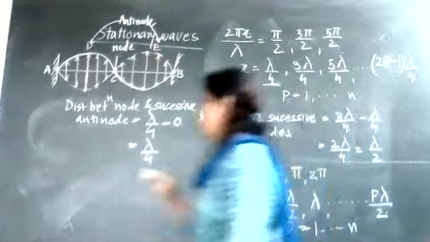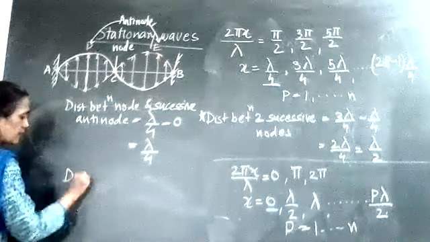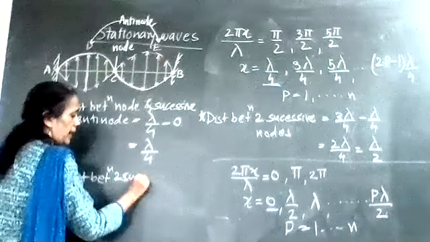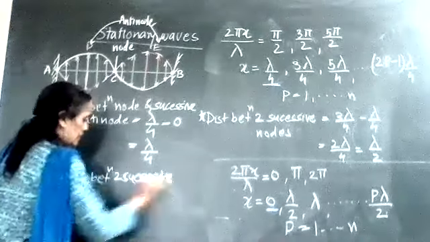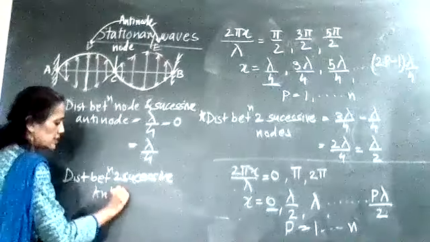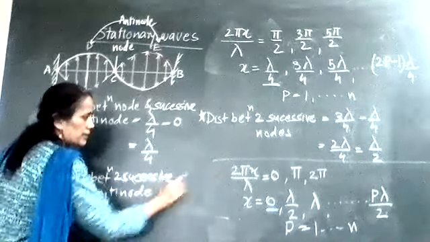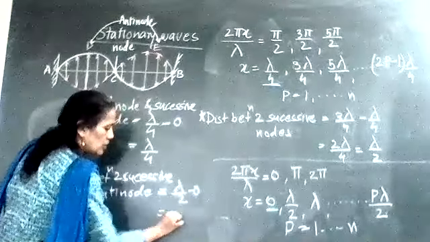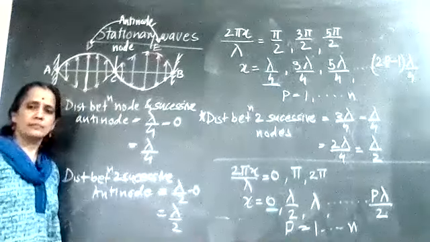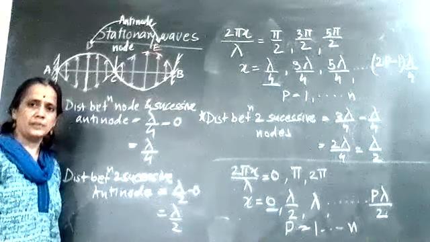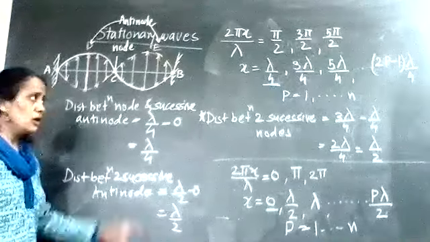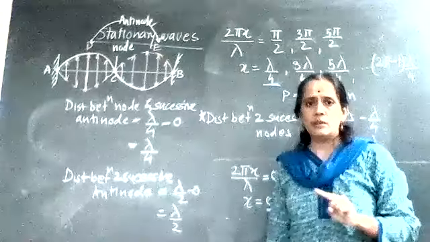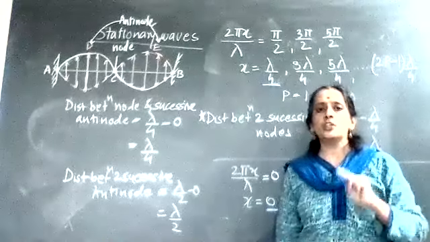Similarly, I can say the distance between two successive antinodes, that I can solve as lambda by 2 minus 0, which is equal to lambda by 2. Clear? So this is nothing but your stationary wave equation, formation of nodes, formation of antinodes.